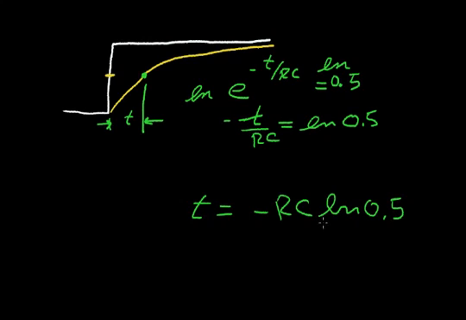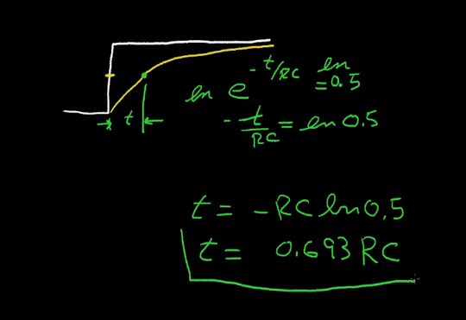The natural log of 0.5 comes out minus 0.693, and minus times the minus gives us a plus, so this is 0.693 RC. So the time to get halfway up the waveform is 0.693 times RC, which is a useful value to remember.